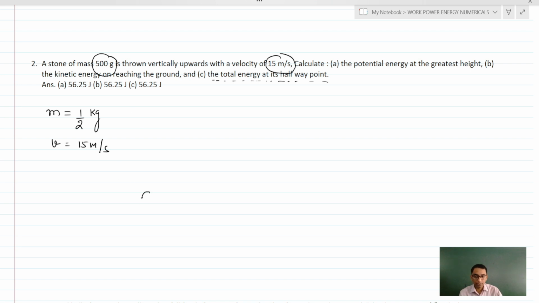Let's discuss how. You are throwing this ball in the upward direction, and its mass is half kg.